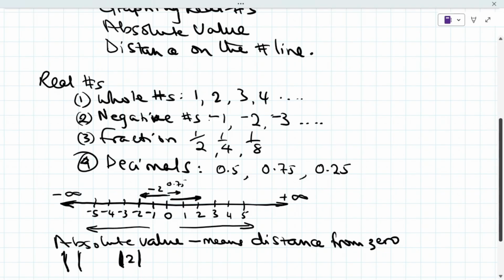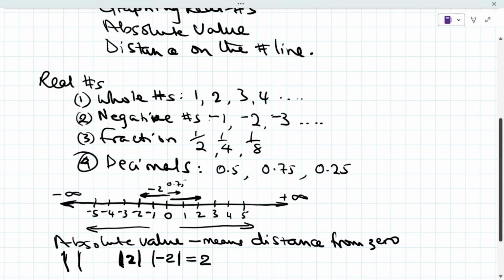Now, let's suppose we had a negative number, say -2. The absolute value of -2 will be the distance from 0 up to -2, and that will always be 2. So we said here that the absolute value for 2 is 2, because the distance from 0 to 2 is 2. That is equal to the absolute value from 0 up to -2.